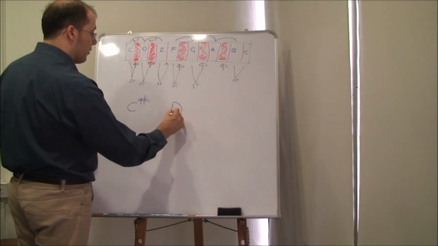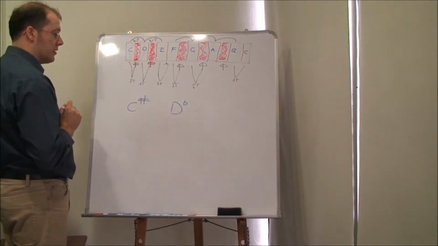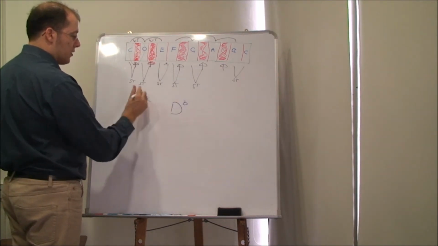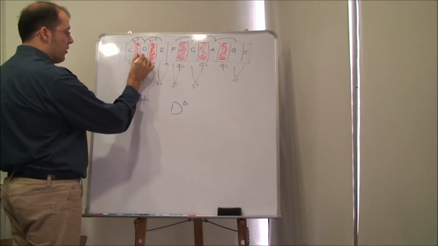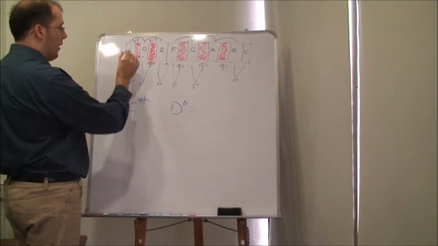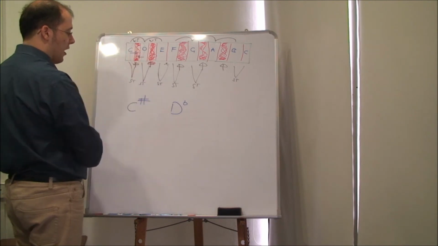And when it's a little lower than D, it's D flat. These sharp and flat signs change the note by a semitone. And so C sharp will be there.